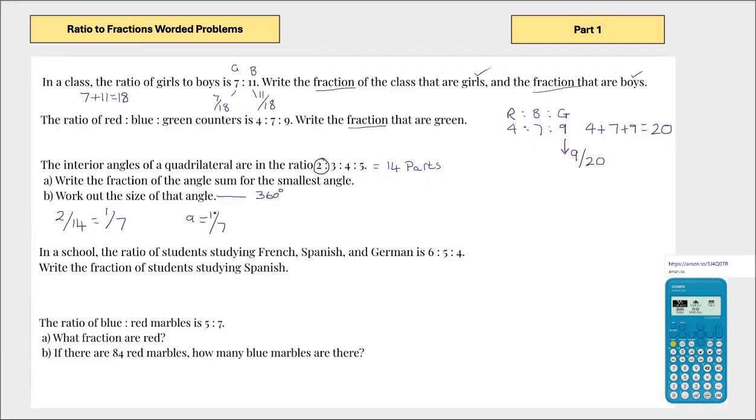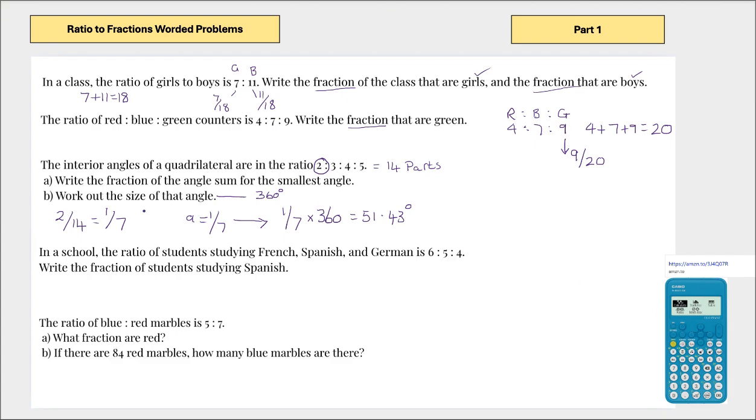So to work out the size of this angle, what we're going to have to do is take 1 over 7, which is our angle, and times it by 360, which gives us 51.43 degrees. I've used my scientific calculator that I swear by. It's perfect for these kind of questions.